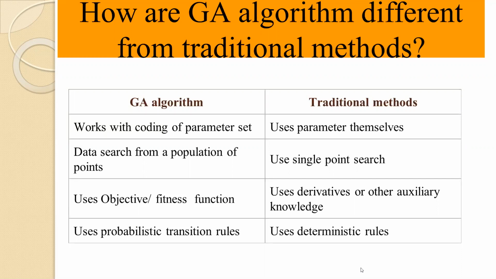The genetic algorithm uses a fitness function and objective function, whereas other traditional methods use derivative based auxiliary knowledge. Fourth, it uses transition rules, whereas conventional methods use deterministic rules.